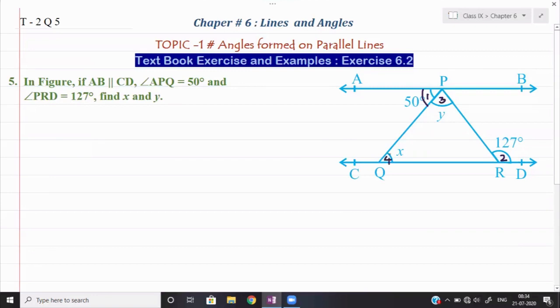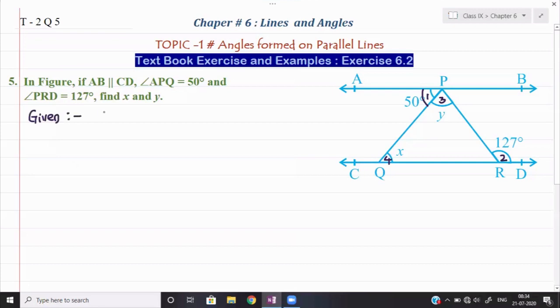Just for convenience. If you want, you can write down the full name, but writing the full name will be a little difficult. So let us start with the given. In the given, first of all, see what is given to us. Now I will write down the names of the angles as I have mentioned in the figure.